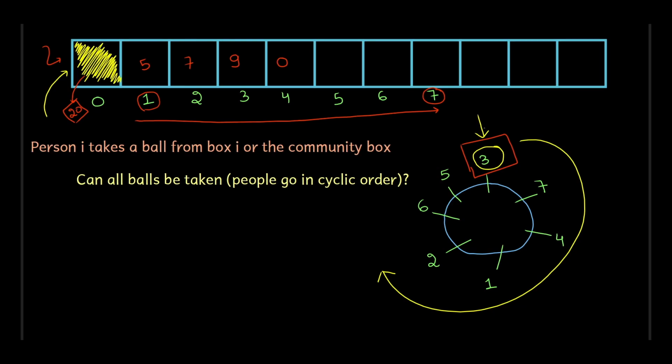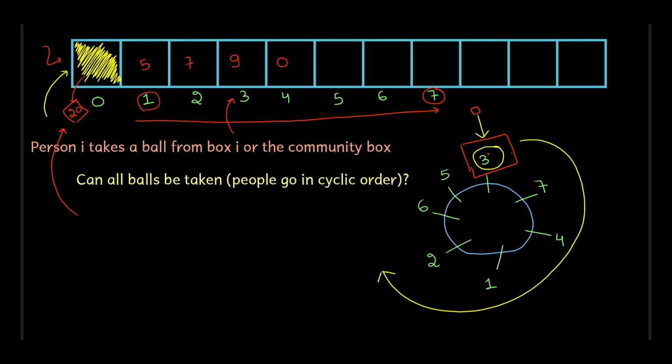Basically, this circle has an orientation, it starts from here, and this person will start the game. They can either take one ball from their own box, which is box number 3, or they can take one ball from the community box. It is their choice completely.